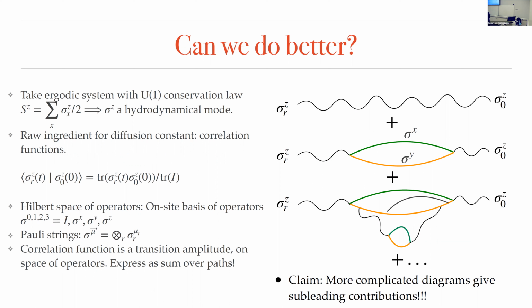So we're going to strip the problem down to its absolute barest, easiest to calculate essentials, and just take a system that has a single conserved quantity. Suppose you have a system which has a bunch of spin half degrees of freedom on a lattice, and we have in mind some local time evolution.